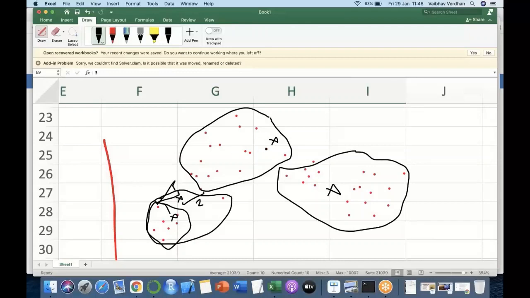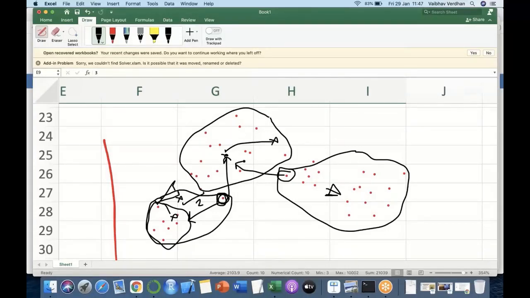Now what can happen is that, let's say this centroid becomes here. So earlier, the point which I'm highlighting right now was belonging to cluster 1. Now it might belong to cluster 2. Similarly, earlier this point was belonging to this particular cluster, it might start to belong to this cluster in the second iteration.